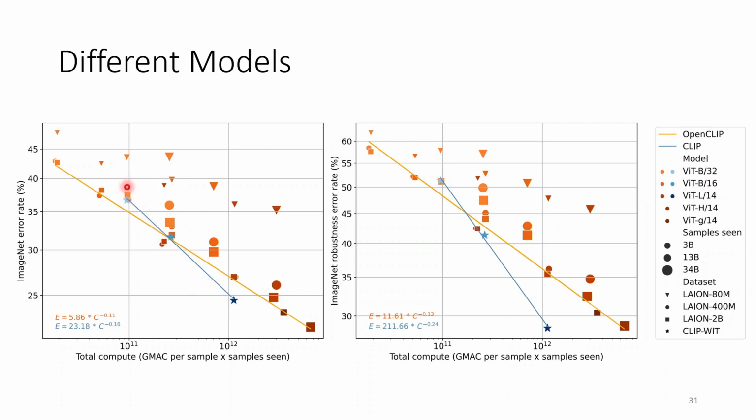That is the connection between the 3 models of CLIP. And okay, the 2 images are trained on 2 different data sets. The one is ImageNet, and the other one is ImageNet robustness. It is a variation of ImageNet.